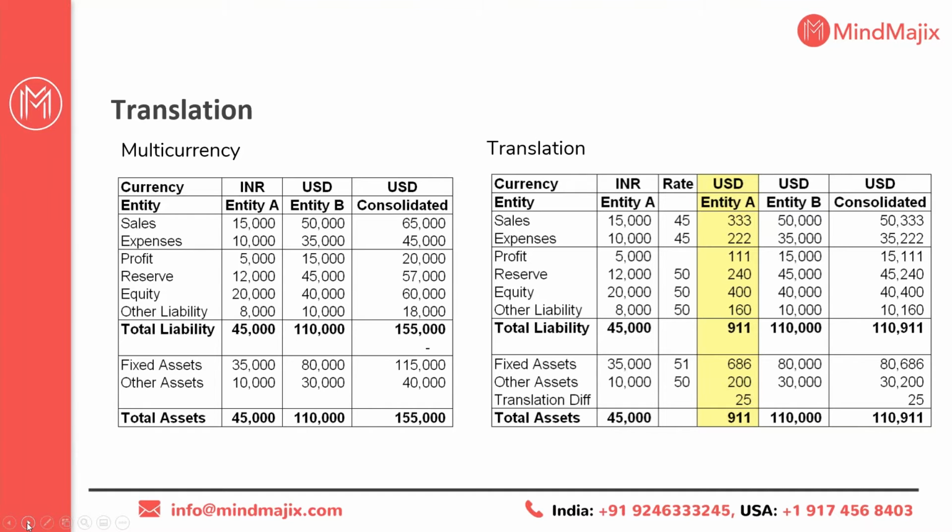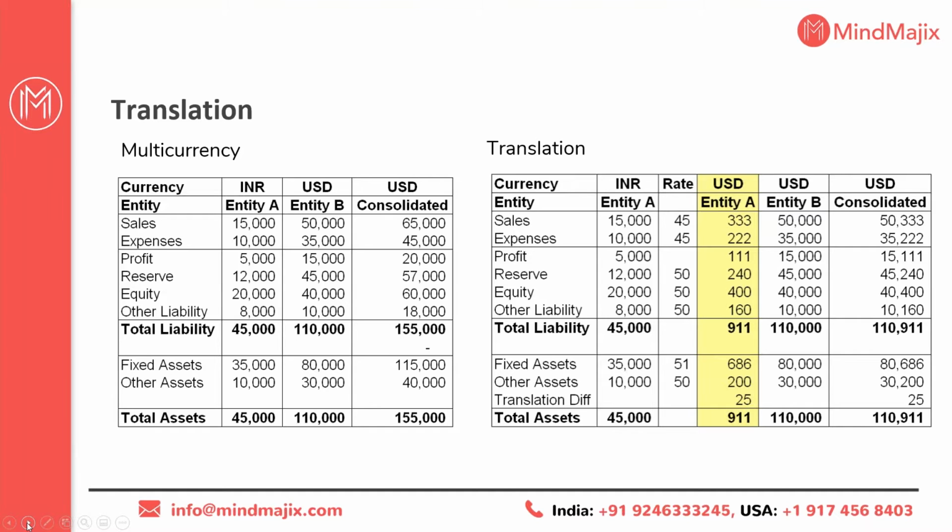Okay, so in that case, on the left hand side, whatever you see the total asset as 155K, that is not correct, because you have to apply some exchange rate, since you have a multi-currency application and you are having numbers from different regions with a different currency.